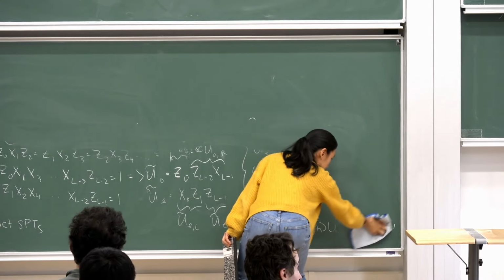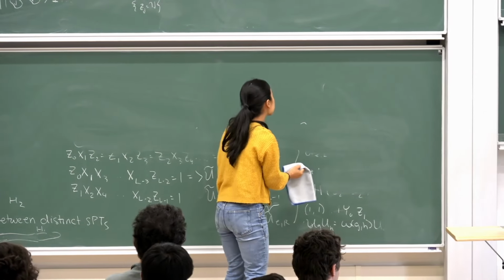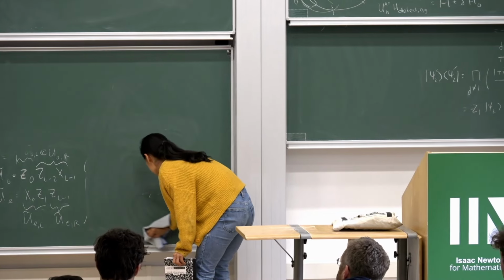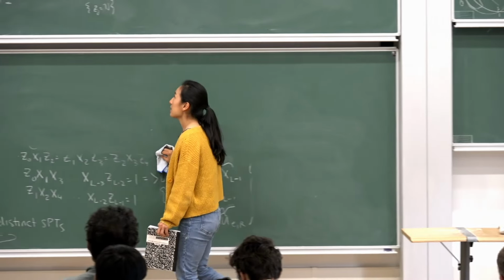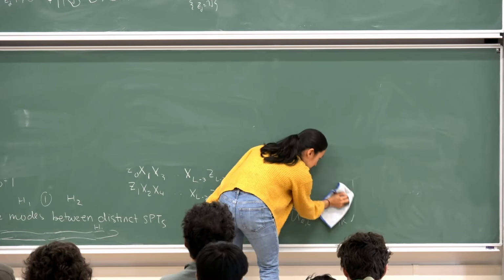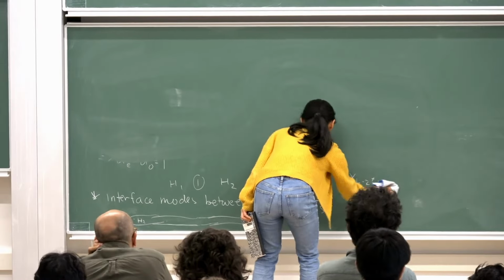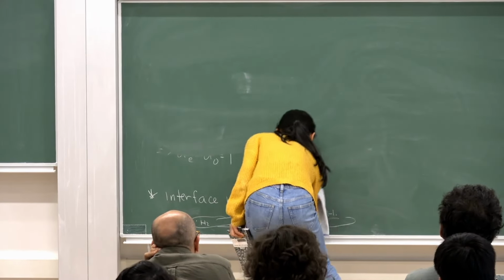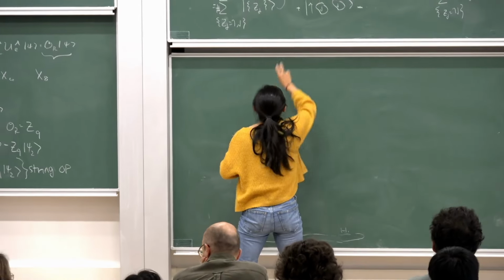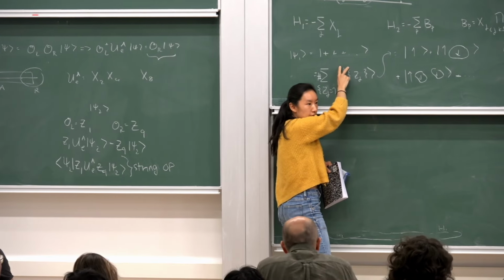Is the choice of the lattice just convenience, or could you do a square lattice? Yeah, you can also do it for other lattices. This choice of lattice is convenient because the way that they got this model was actually from ungauging the string net model. I'll talk about tomorrow how, if you gauge this model, you'll get a toric code, a Z2 gauge theory.